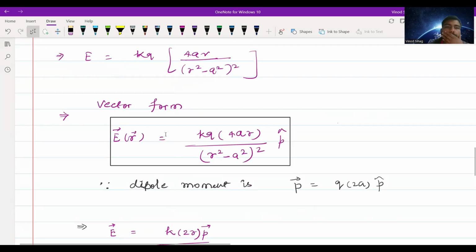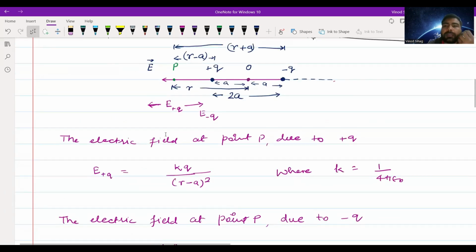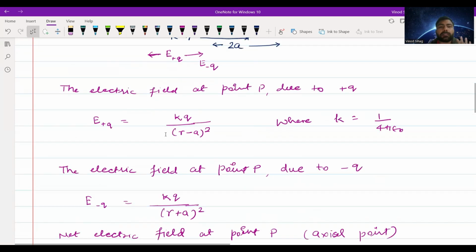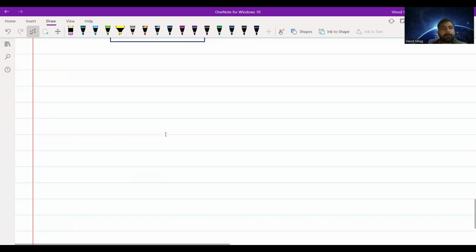Okay, now we are going to assume another case in which the point at which we want to find the electric field is a point in the equatorial plane for the electric dipole. Okay, now case number two.